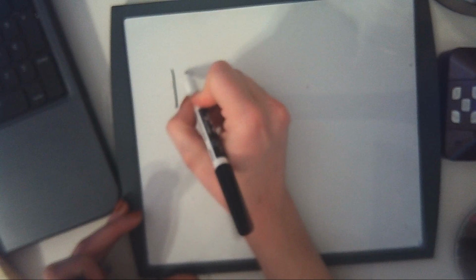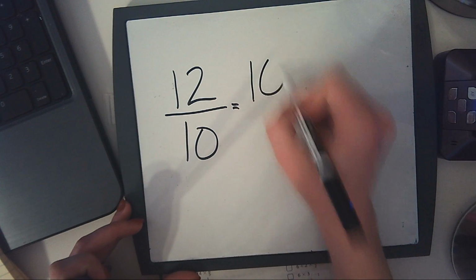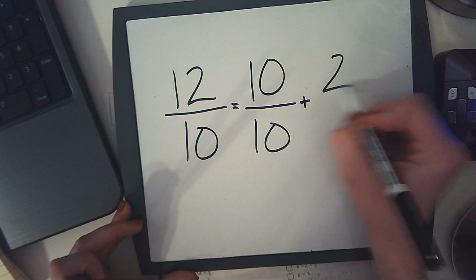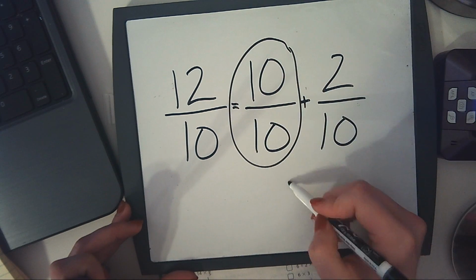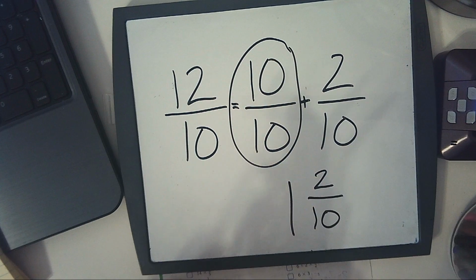So 12 tenths equals, we can have 10 tenths, and 10 plus 2 is 12, so we're going to have 2 tenths left over. That's 1 whole with our 2 tenths next to it.